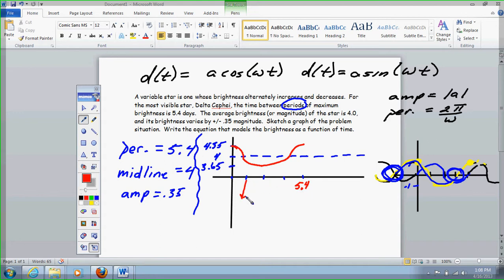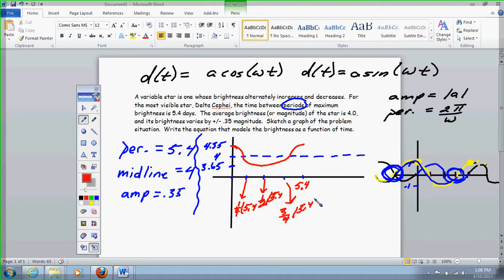Well, this is 1/4 of 5.4. This is half of 5.4. And this is 3/4 of 5.4.